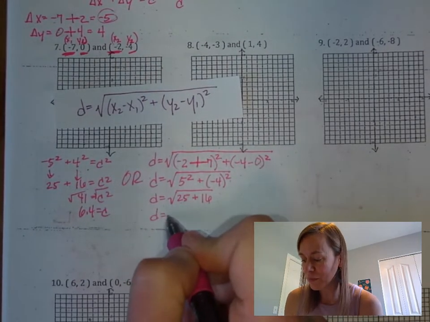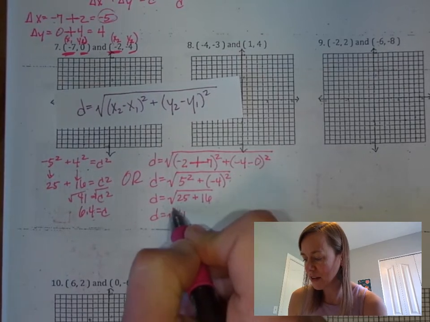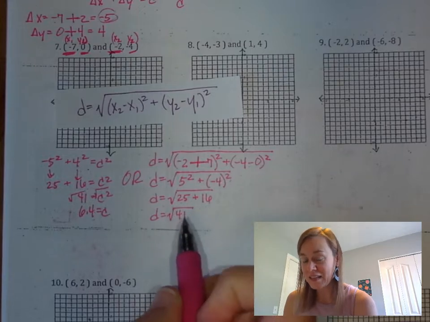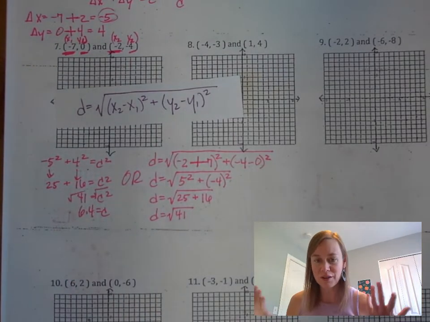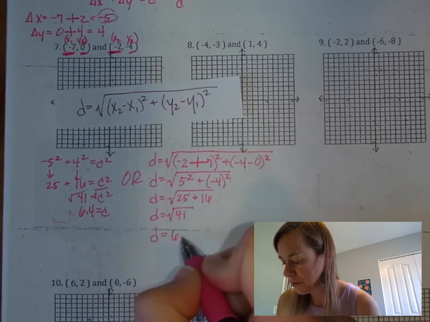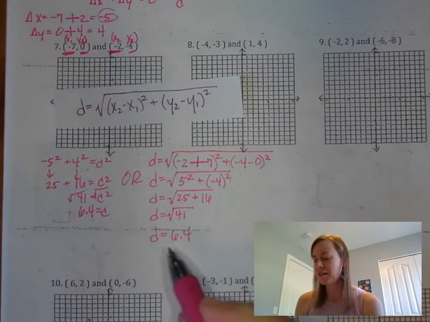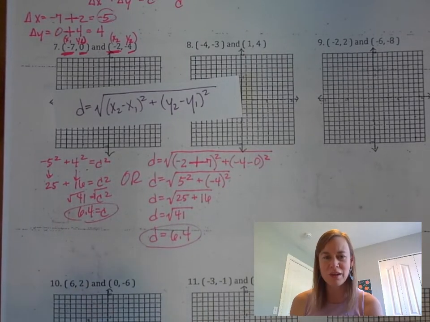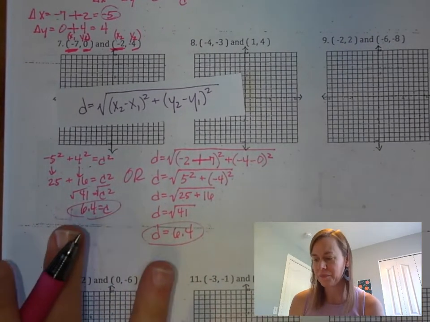And then the next step would be to add 25 and 16, and you're going to get 41 under the radical. So the final step is to take the square root of 41, regardless of which way you do it. And so we know square root of 41 is 6.4 because we just solved it over there. So 2 different but essentially the same ways to get the same answer.